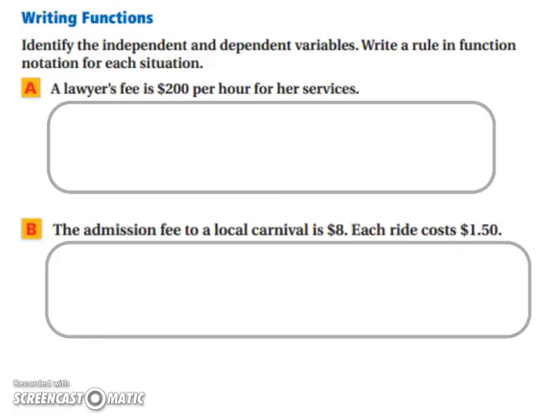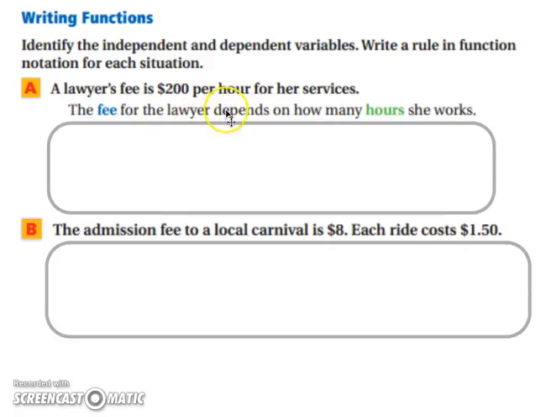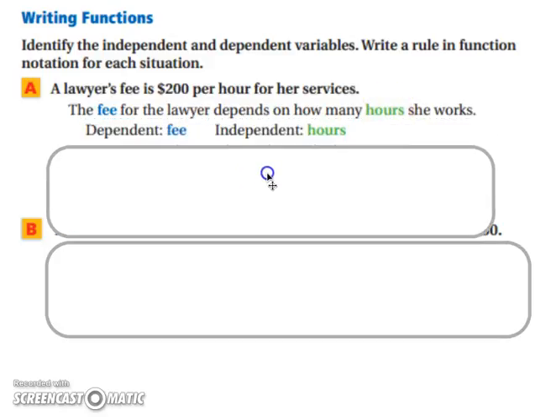So let's look at this first one together. A lawyer's fee is $200 per hour for her services. Therefore, the fee for the lawyer is dependent upon how many hours she's working. So you have your dependent and independent.